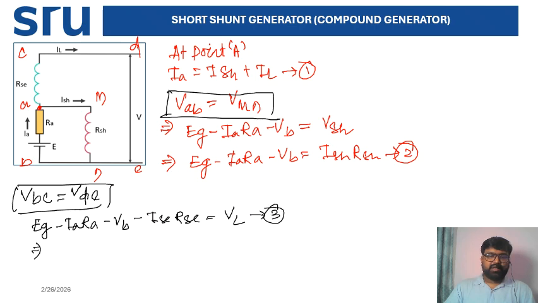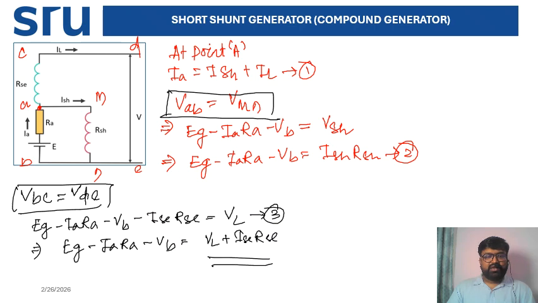But you just try to find out in this equation what common terms are coming. If I move this one to the right side, then EG minus IA minus VB equal to VL plus ISC into RSC.